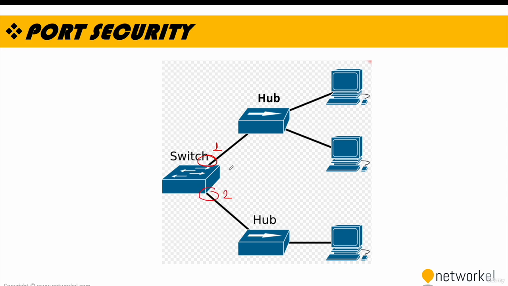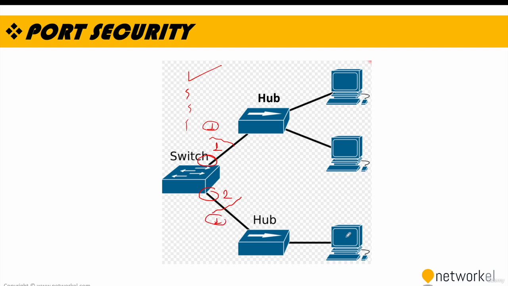So I can go ahead and define a maximum number of MAC addresses that I can learn from each port, and if some additional MAC addresses come into the picture, then I will mark it as a violation and take some action based on it. Let's say I define a maximum of 1 MAC address for both switch port 1 and switch port 2.